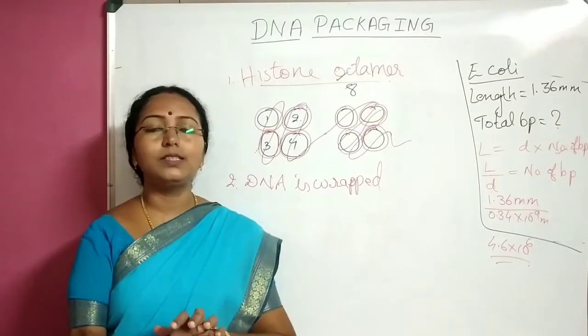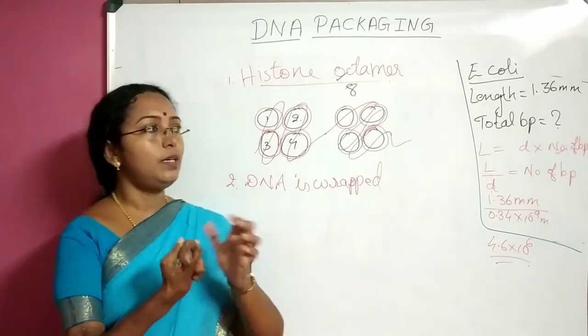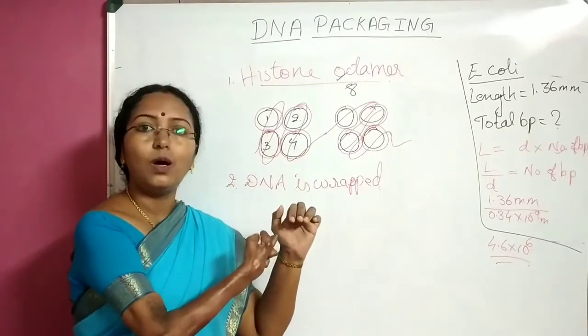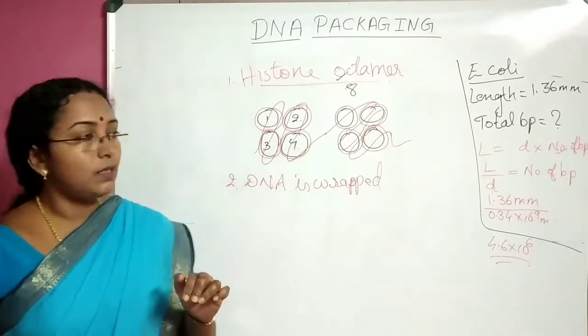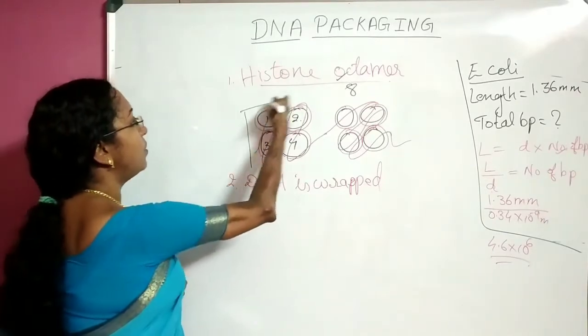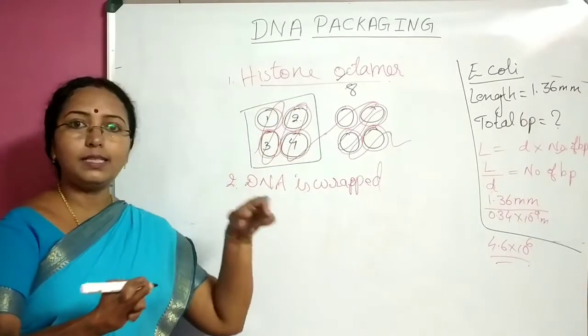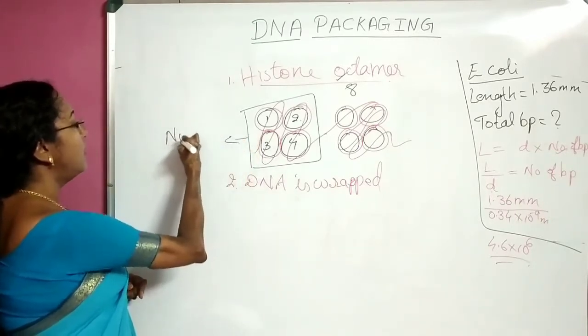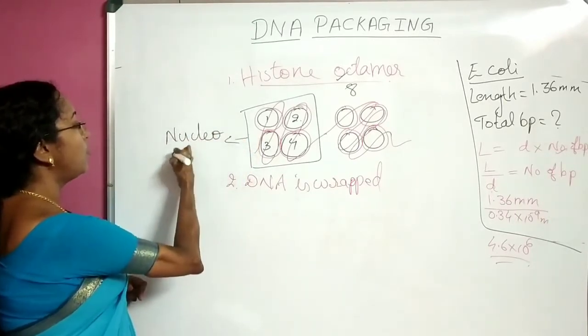It's actually nature's wonder. So here DNA is getting wrapped over this histone octamer. This particular 1 unit of histone octamer plus DNA wrapped over it, you call this unit a nucleosome.